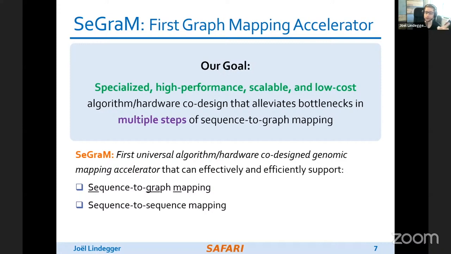It can also do sequence to sequence mapping still, so the traditional task. And then it can also do both short and long reads. So that's why we're calling it universal. It can work for both, let's say, computational problems that we're considering, and it can work for any kind of data set that we're considering.